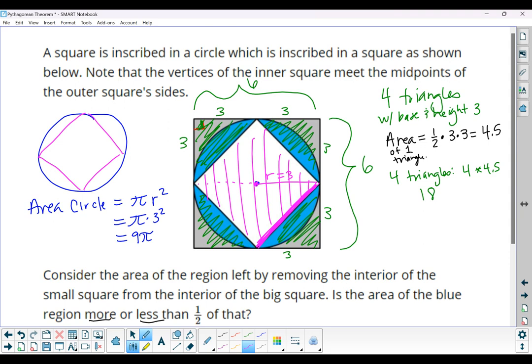So the hypotenuse, which is in pink, our equation for that little right triangle would be leg squared plus other leg squared is equal to hypotenuse squared, and I'm going to call that x. So 3 squared plus 3 squared is 9 plus 9, that's 18. So that means the hypotenuse is the square root of 18.